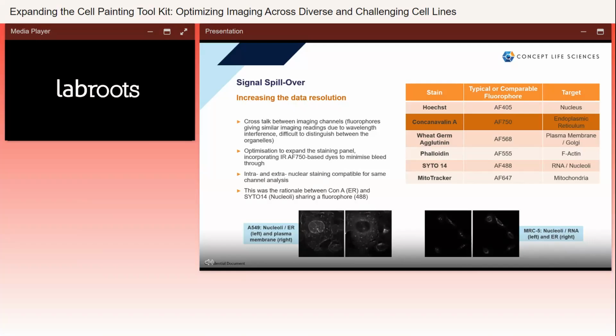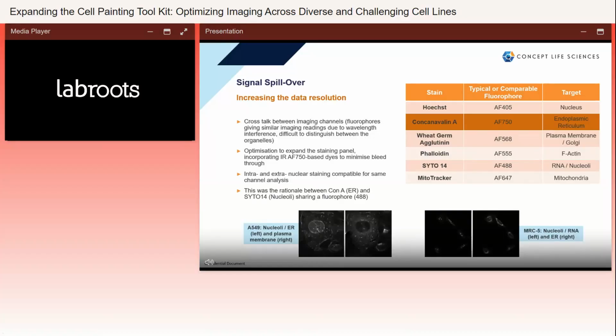And this is shown in the comparable fluorophore for both ConA and Cyto14 in the original cell painting panel, which is Alexa Fluor 488. And if not corrected, this overlap can alter phenotypic signatures. A high mitochondrial signal may appear as increased actin or endoplasmic reticulum texture, leading to misinterpretation.